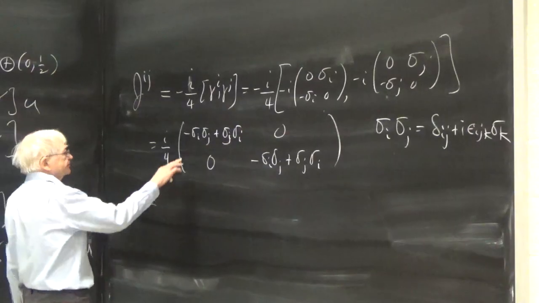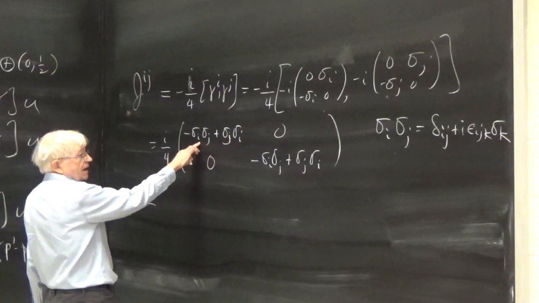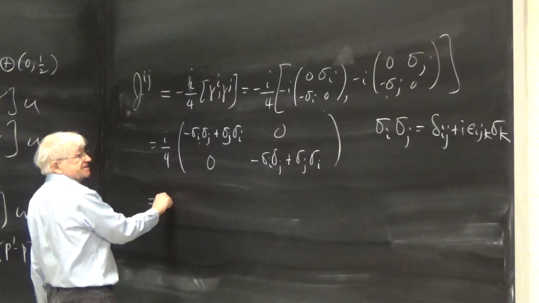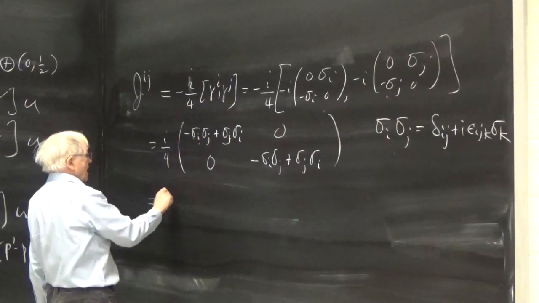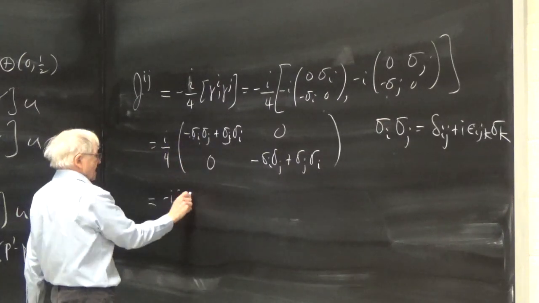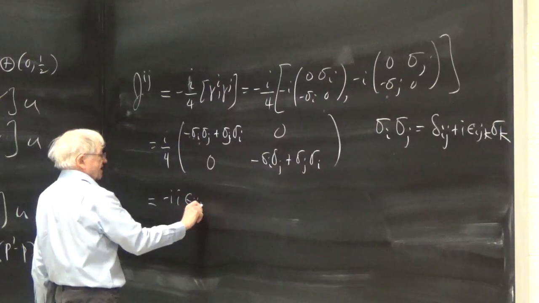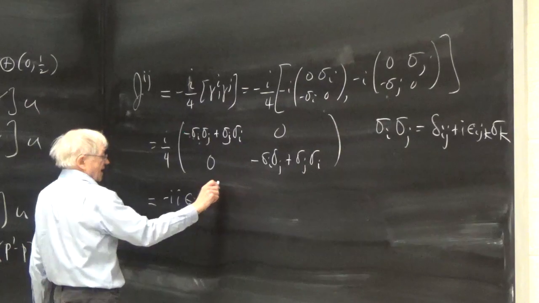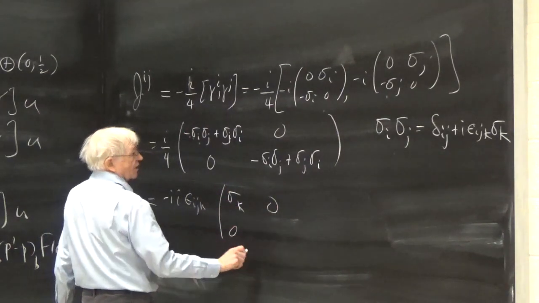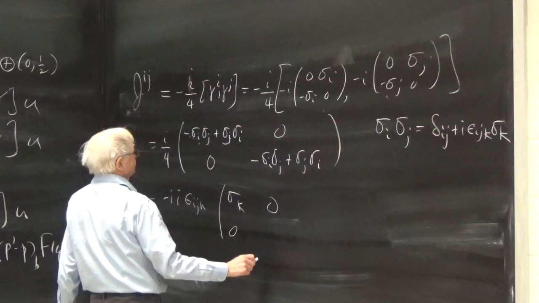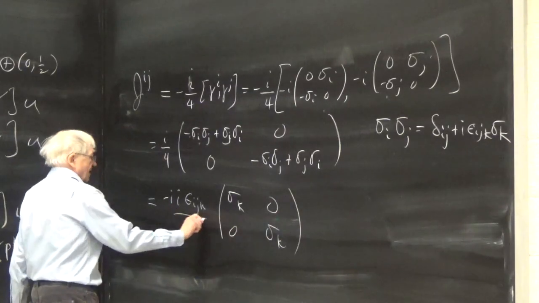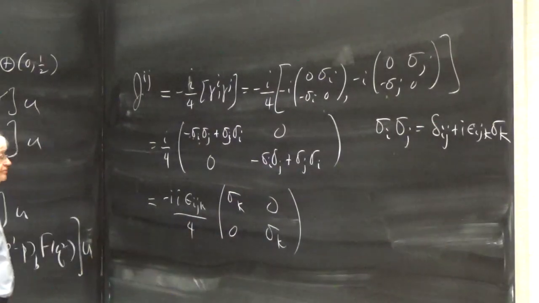This is then minus i times i, ε^ijk, and we're going to have a σ^k here, 0, 0, and a σ^k there, and we have a 4.